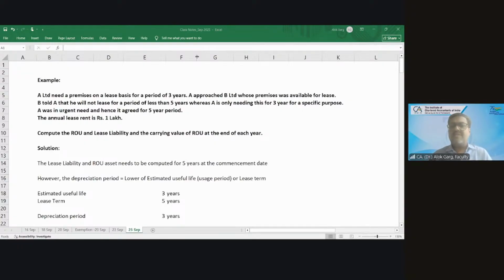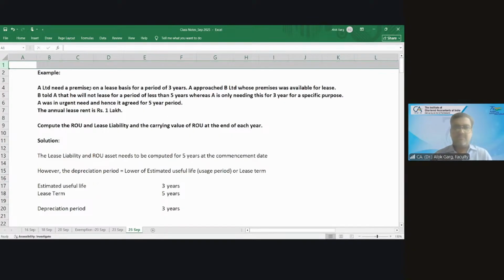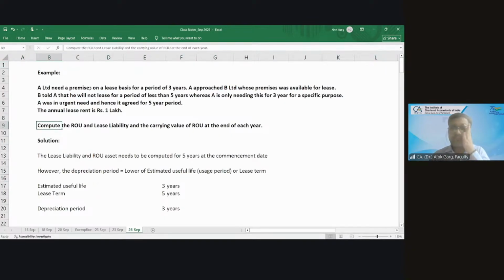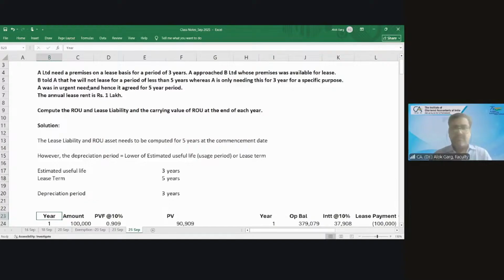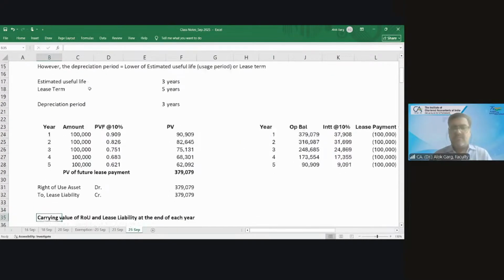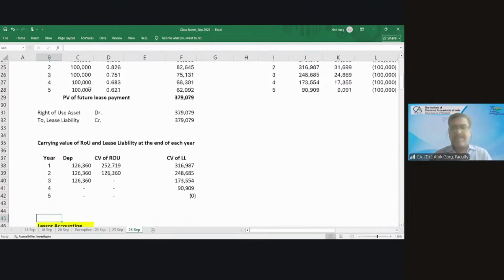Ayush is asking, sir, IRR would always be readily available as the lessor must know his IRR, right, sir? Yes, Ayush, absolutely right. And one more thing, sir, it would be highly probable that the ROU which the lessee is recognizing in his books would be different from the present value of lease receivables which the lessor is recognizing, right?